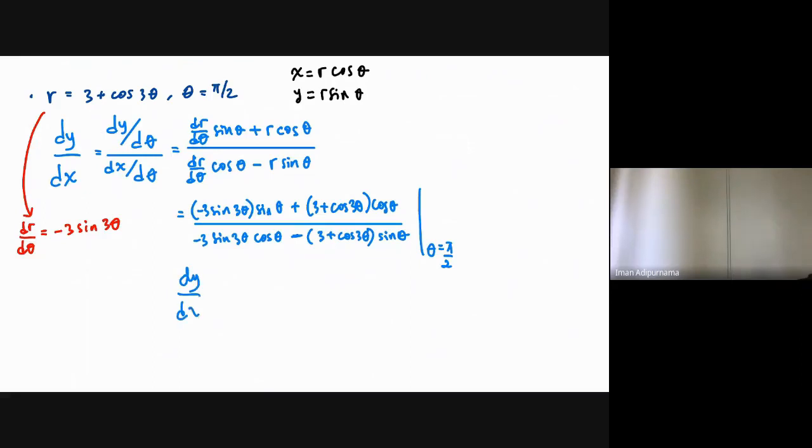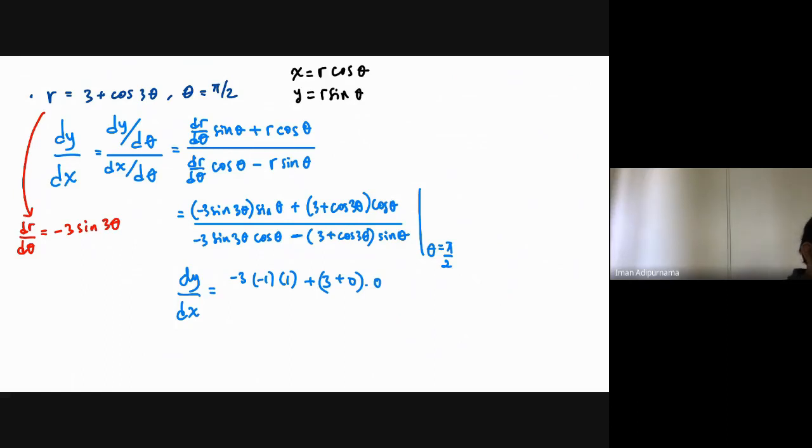So dy over dx will be negative 3 multiplied with negative 1 multiplied with 1, plus 3, plus 0 multiplied by 0.